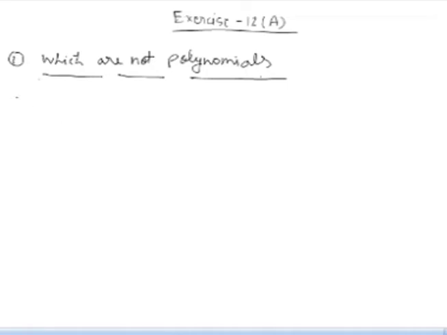In the first question, 1 by 2 x square minus 6x minus 1 by 7 plus x cube. Here we know the conditions for being a polynomial. The variable is x and the powers are 2, 1, 3.